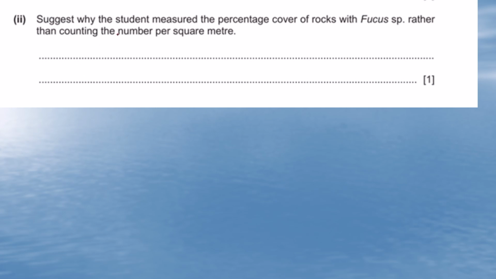Then we're asked to suggest why the student measured the percentage cover, which I forgot to explain last time, and didn't count the numbers. Well, especially if we have a low tide, it's hard to separate the different macroalgae, so it's easier to count cover as it's hard to separate individuals.